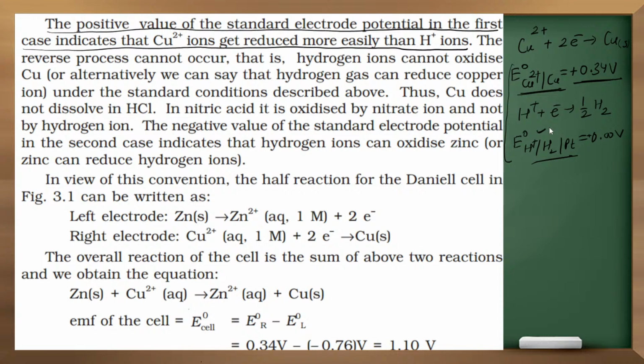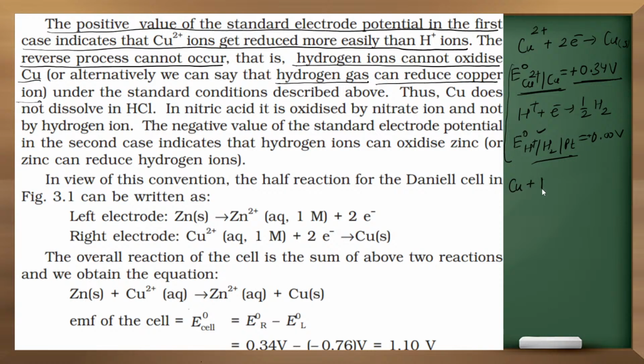But the reverse process cannot occur. Hydrogen ions cannot oxidize copper. That means hydrogen gas can reduce copper ion under standard conditions. Thus, copper does not dissolve in HCl.